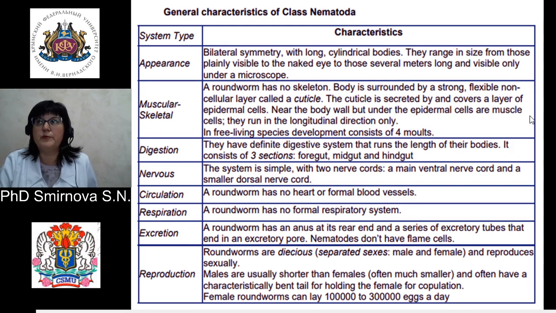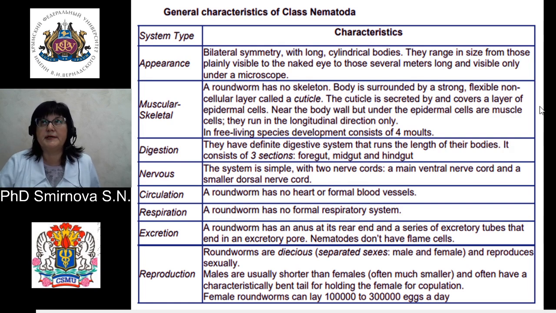Remember the previous information of phylum Helminths and phylum Nemathelminthes. Helminth parasites have 2 classes: class Trematodes and class Cestodes. For these parasites, a flat form of the body is characteristic, but for class Nematodes a round or cylindrical form of the body is characteristic.